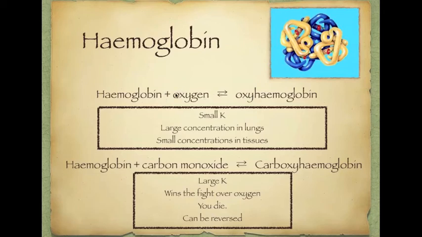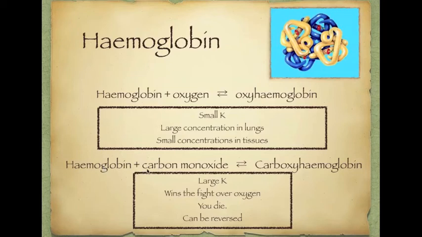In your lungs, you've got lots of that, so therefore we go forward. Your blood takes this around to your organs where we have less oxygen, so therefore it releases it back out. That's how that works. Carbon monoxide poisoning actually works by having a very large K. So as soon as carbon monoxide gets exposed to hemoglobin, it latches on and basically takes hemoglobin out of the equation.